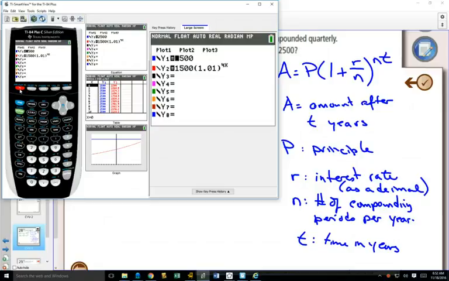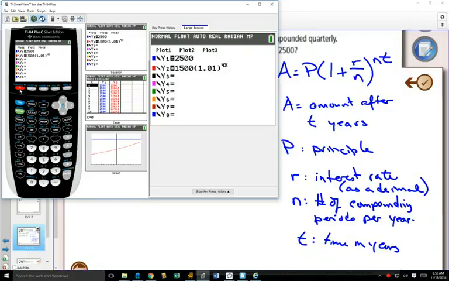Because when x is 0, anything to the power of 0 would be 1. 1 times 1500. So this number out in front, your principal, which is the amount that you start with, makes sense that that's at time 0. So whenever we're looking at these equations, each of those numbers has meaning. And if we think about that meaning, we'll be able to understand the function better.